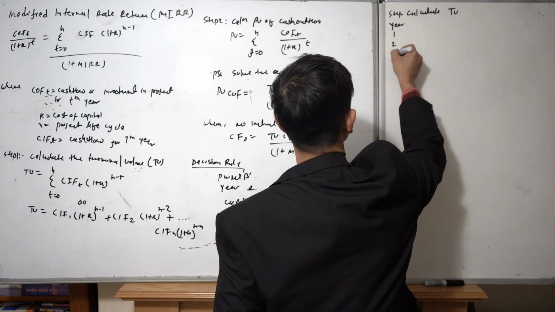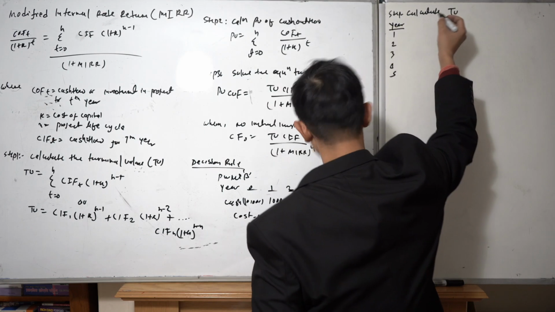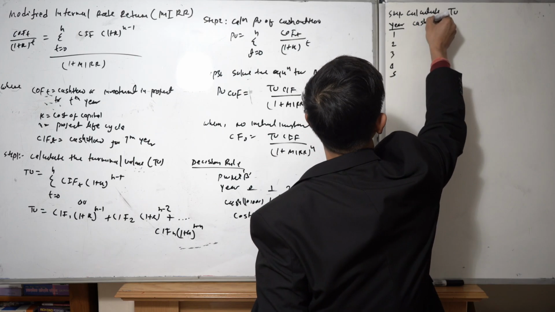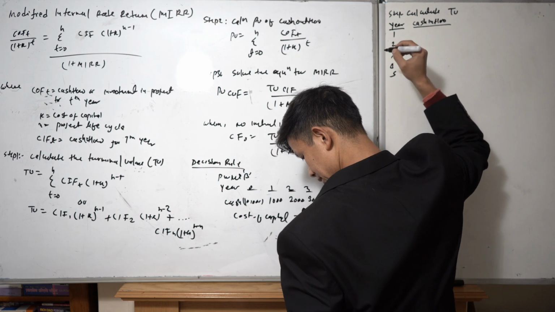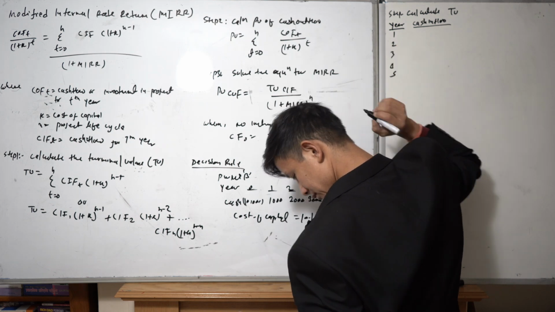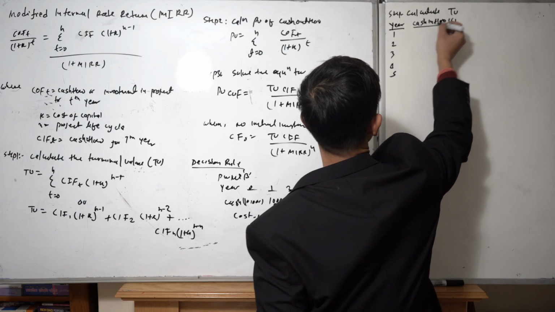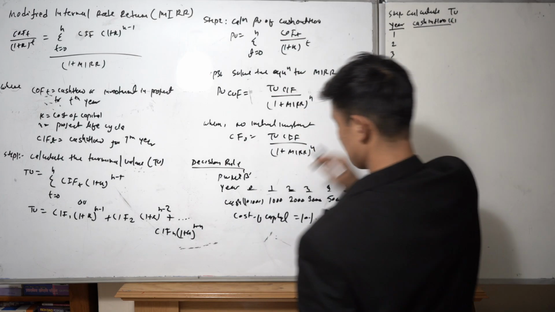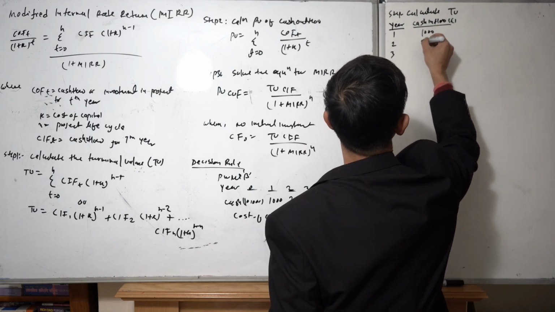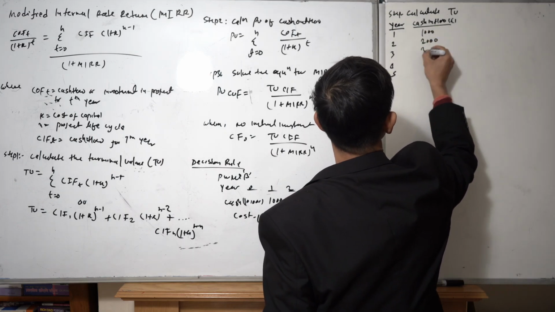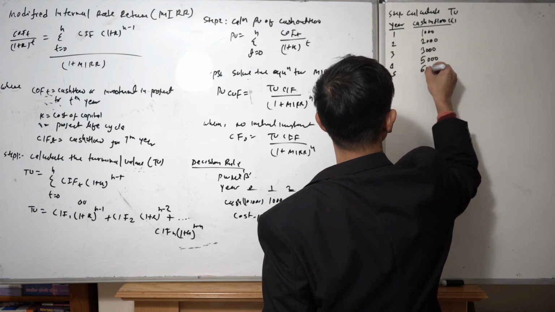Years 1, 2, 3, 4, 5. Cash inflows are in pounds. So for year 1 it is 1,000, year 2 2,000, year 3 3,000, year 4 5,000, and year 5 it is 6,000.